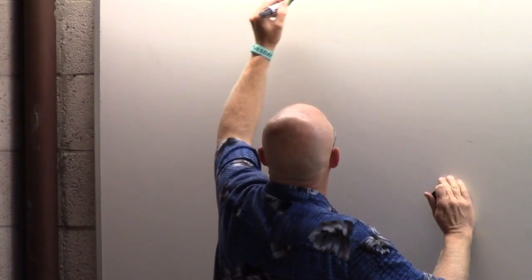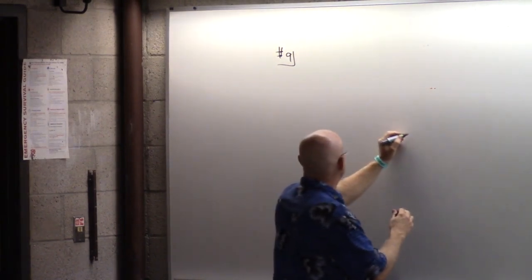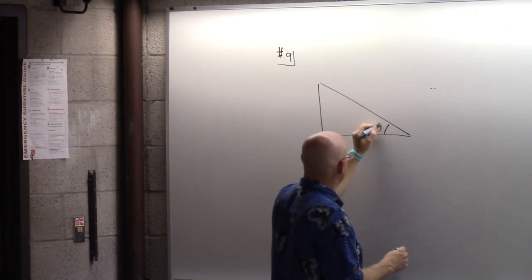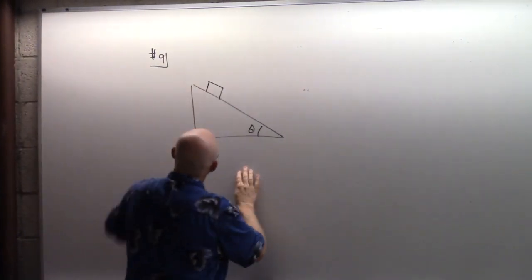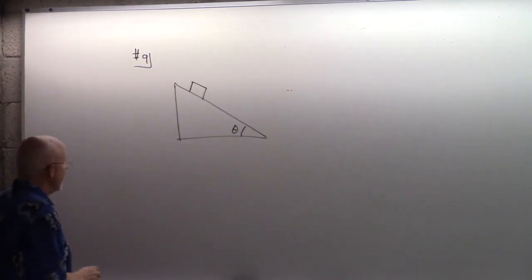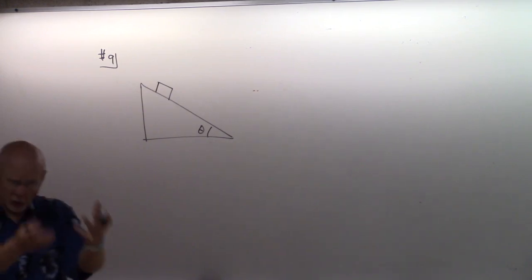All right, so step one might be to say, all right, I'm going to do problem 9. I'm going to get a good physical picture of what's going on. So I'm going to draw my incline at angle theta. I'm going to put my objects on the incline. And I'm going to say that it does start to move.